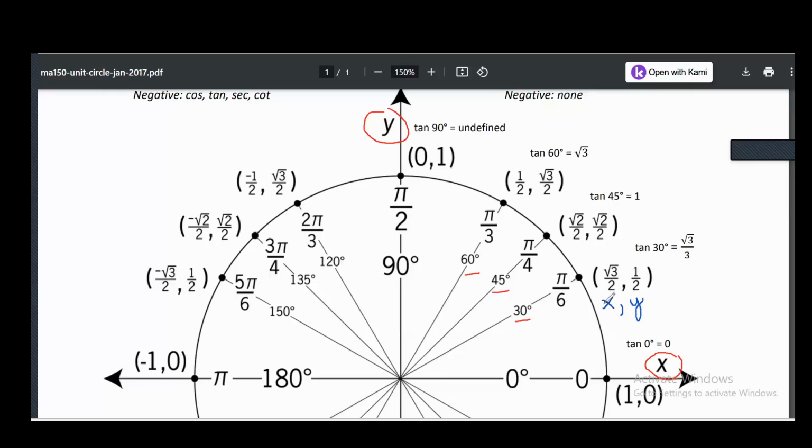So what you have to start thinking about is the first value x corresponds to cosine, and the second value y corresponds to sine. So these are degrees, but the pi over 6, so for instance, 30 degrees is pi over 6. That is just the measurement or the degree in radians.